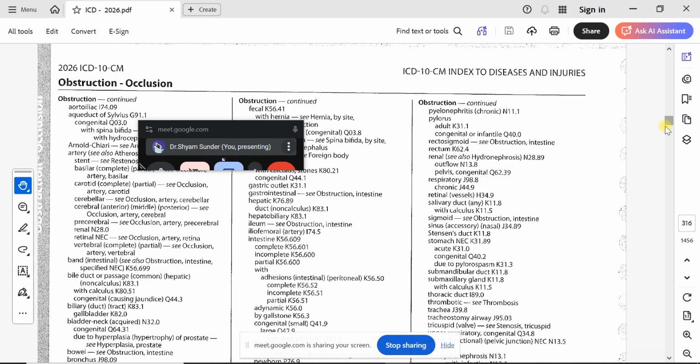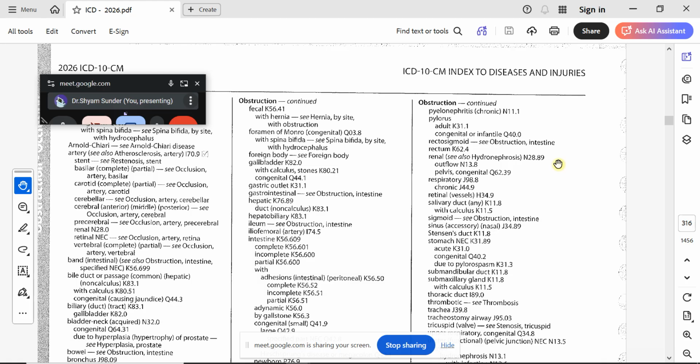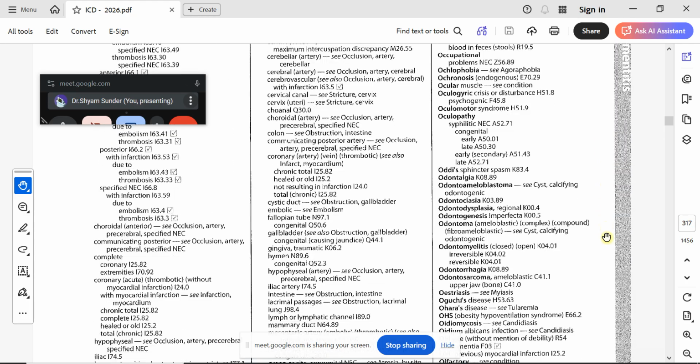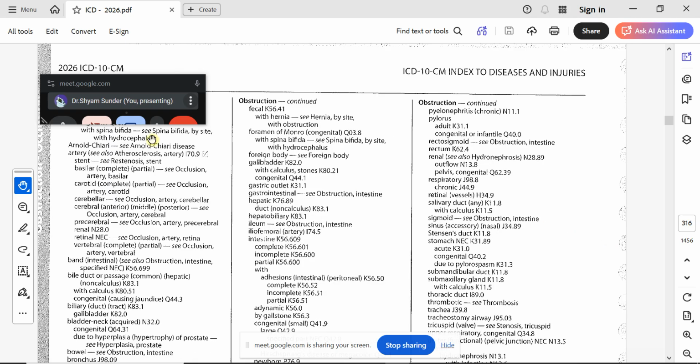Now occlusion, you have to note down the path. Otherwise, by the time you come here, you'll forget. What is the path? Occlusion, artery.